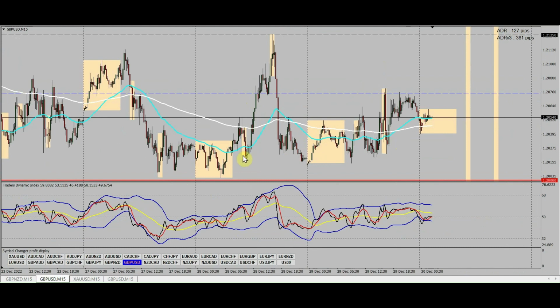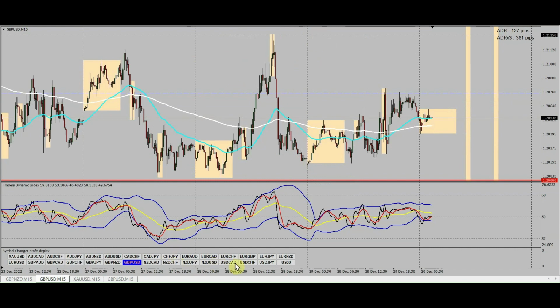I am expecting price to continue making a move to the upside. But let's see what happened here from this high to this low. Price moved, let's say, 112 pips. So we see that price has been bouncing between its ADR, give or take. This particular pair was not exactly the best example because this can still go either way.